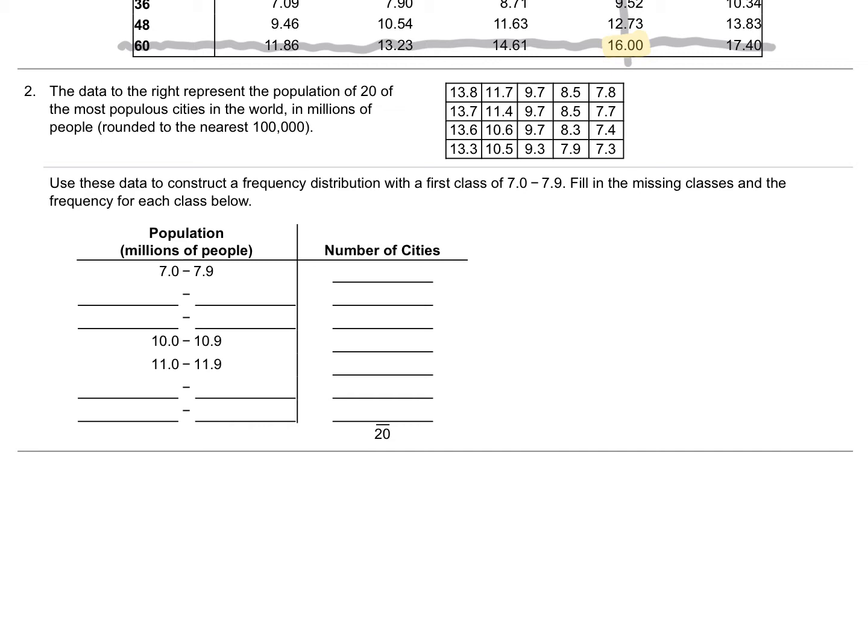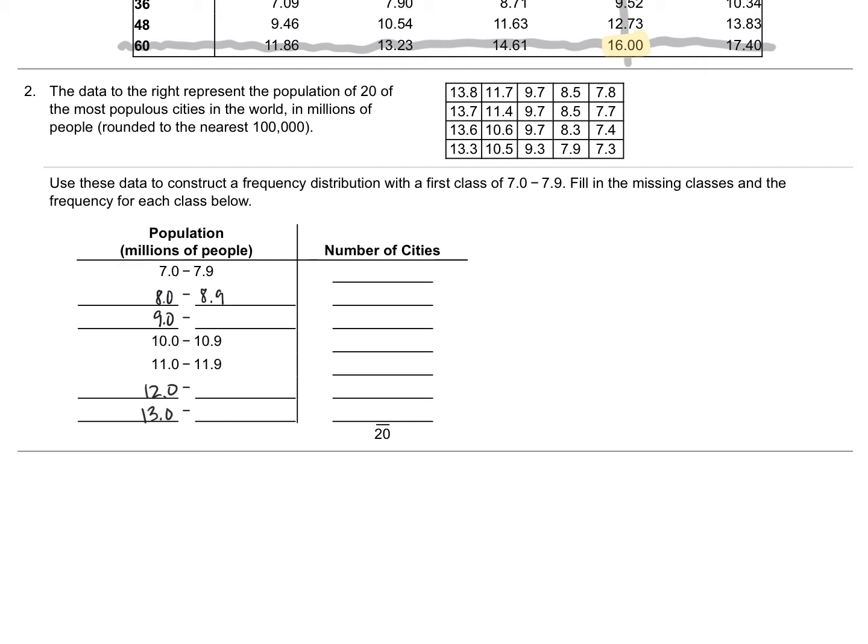Fill in the missing classes and their frequency for each class below. Okay, so we're just going to fill in the classes first. So you can see that on the left-hand side, it's going to go 7.0, 8.0, 9.0, 10, 11, 12, and 13. And then on the right-hand side of the class, it ends in a 0.9.